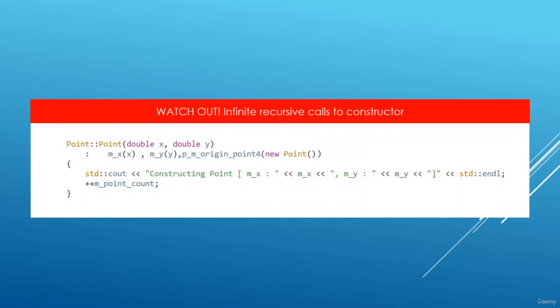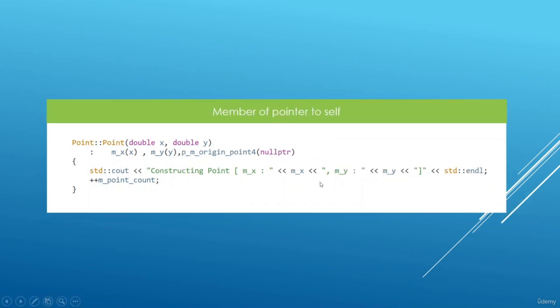A solution to this is to initialize our pointer with null pointer and later set it up if we really need to do this when the object has already been constructed. We're going to see an example of this in a while if this is not making sense yet, so bear with me. This is going to work in a minute.